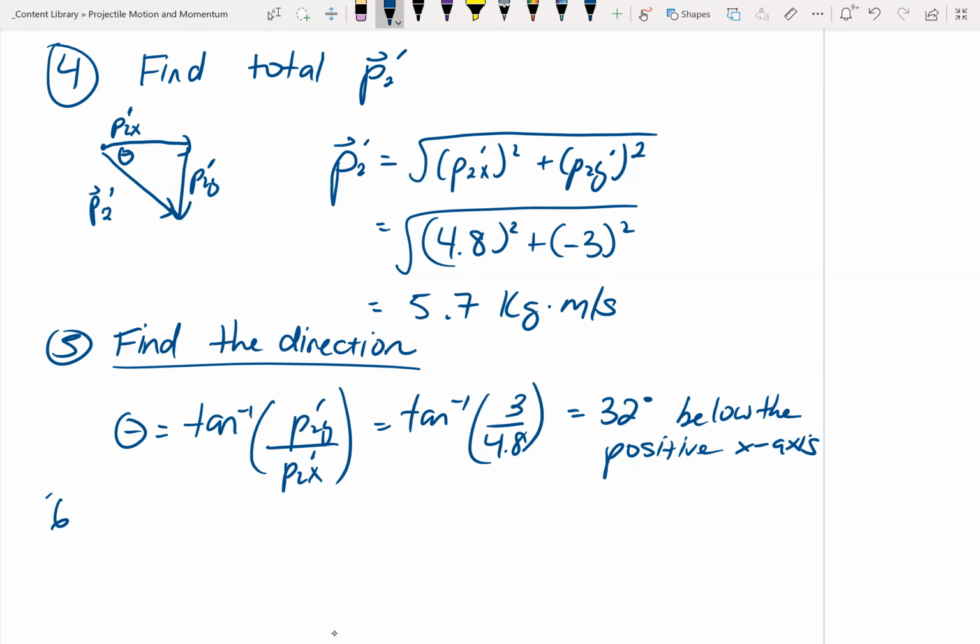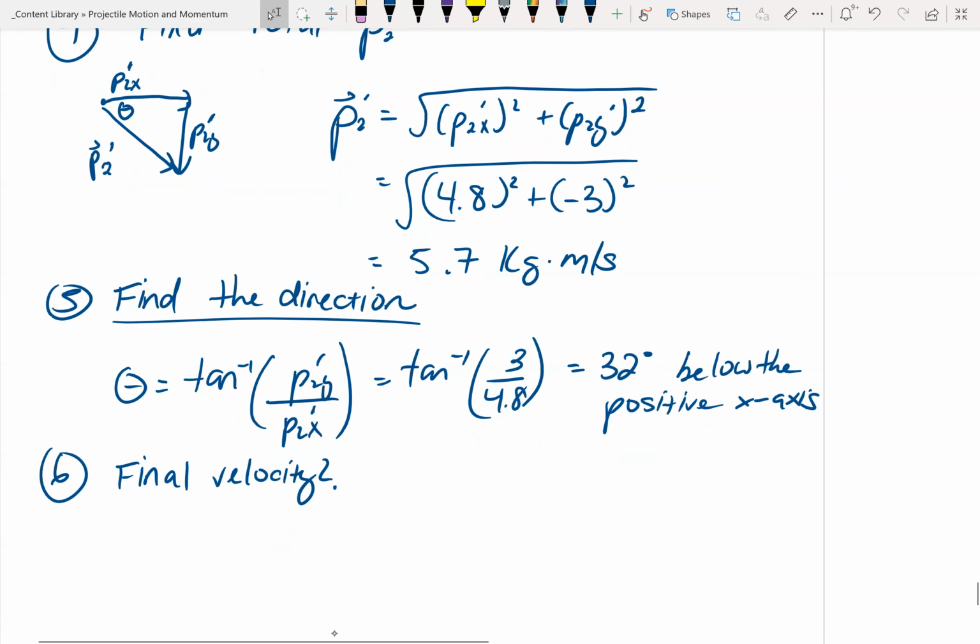The very last thing we're going to do is find our velocity, because that was the original question. We're going to relate this with momentum, where p2 prime is equal to m2 v2 prime.